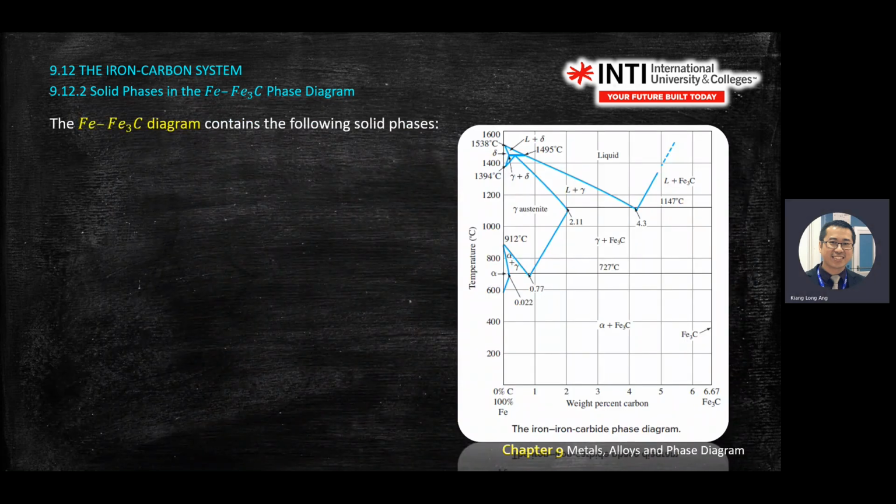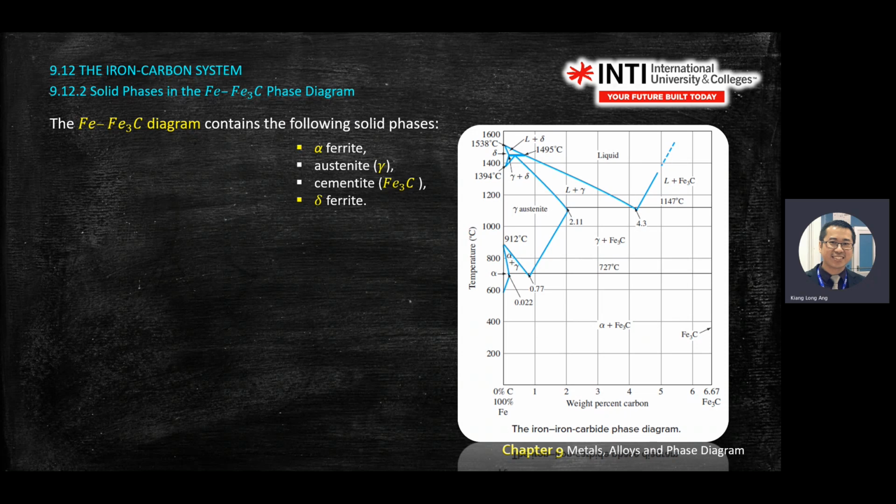So the Fe3C diagram contains the following solid phases, as you can read directly from the graph. I will not go deep, mentioning one by one, but I believe you know how to read the graph directly. So here you have four types.